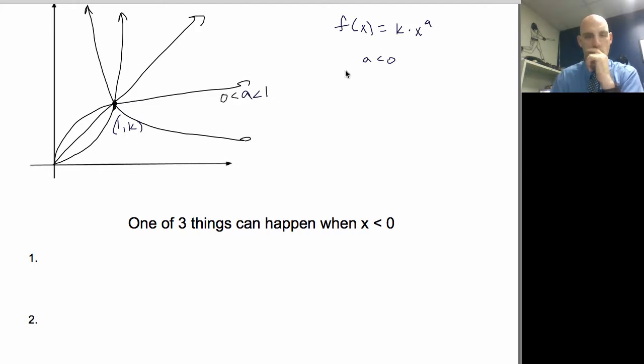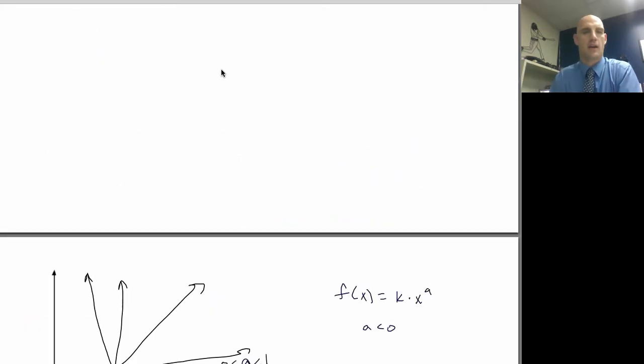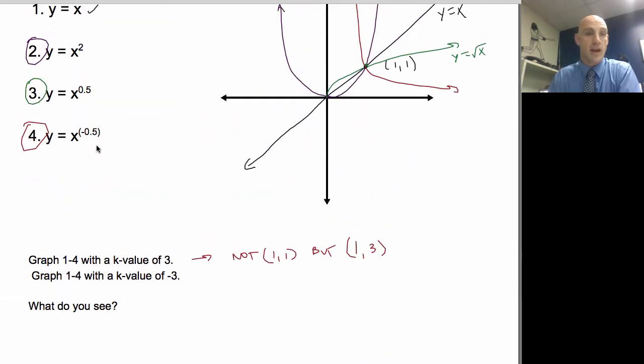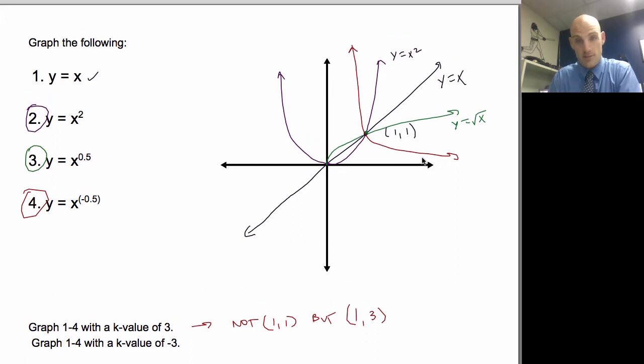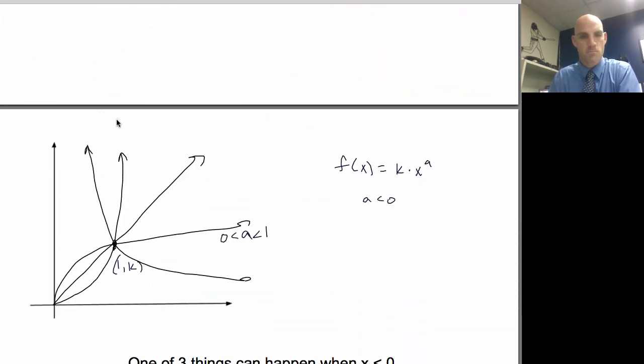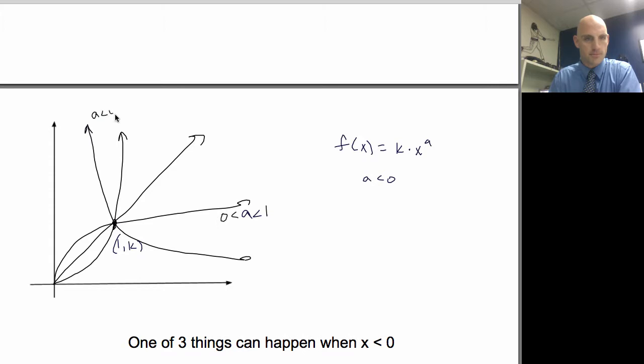That's this one. A is less than 0 is going to be this one that comes down. That was when I had that negative 0.5. So here's my a is less than 0.